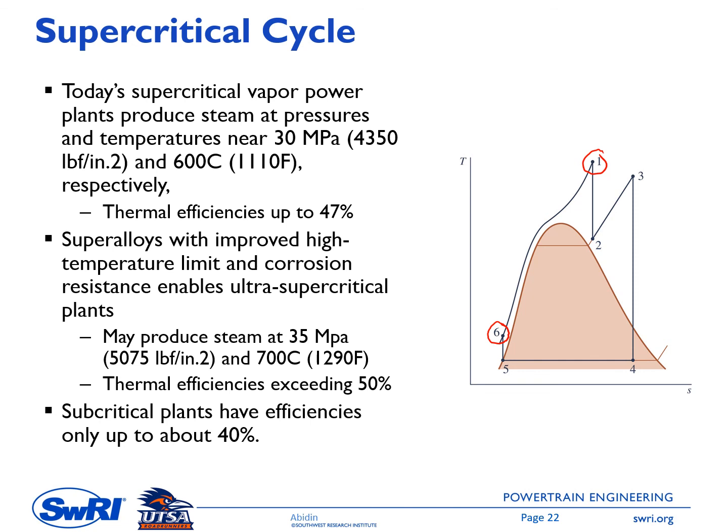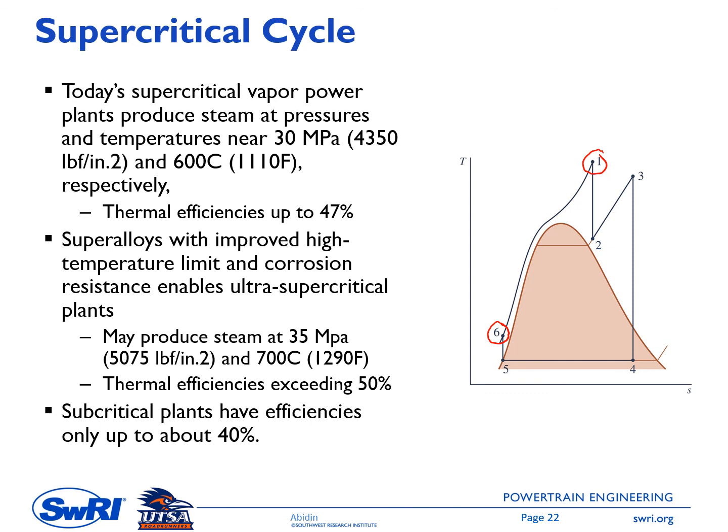This also means that we don't need to use a boiler to change the process from state 6 to state 1. We can just use a simple pipe here and then apply heating to the pipe, and the working fluid will change condition from point 6 to point 1.